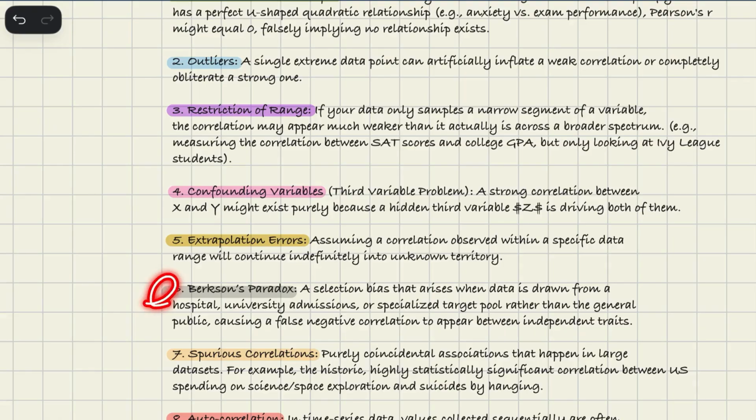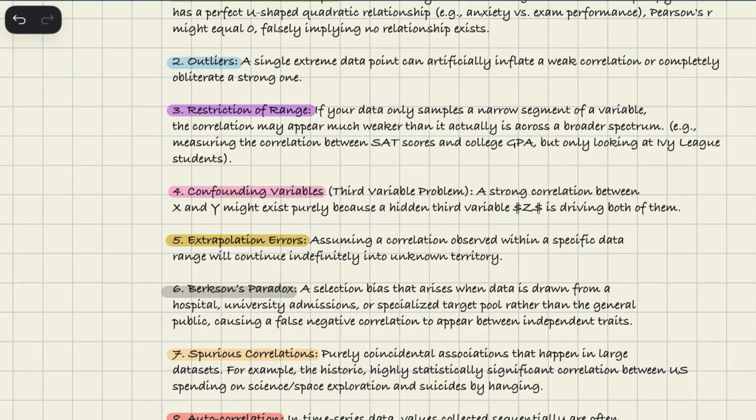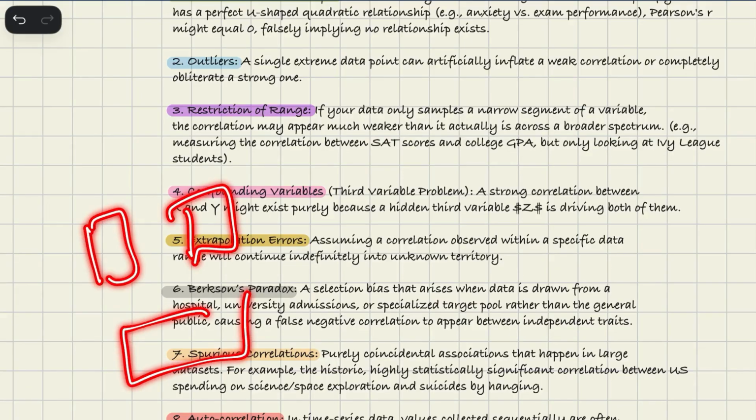Then comes Berkson's paradox. This is a tricky selection bias that happens when your sample pool isn't representative of the general public. For instance, if you only gather data from hospital patients or from university admissions, you might find a negative correlation between two completely independent positive traits, simply because people who lack both traits are excluded from your entire sample, right?